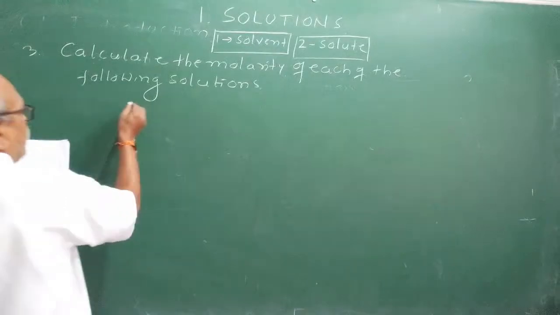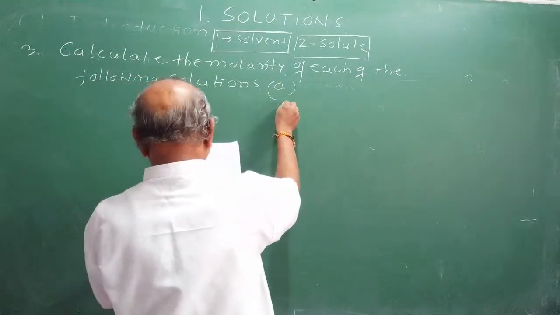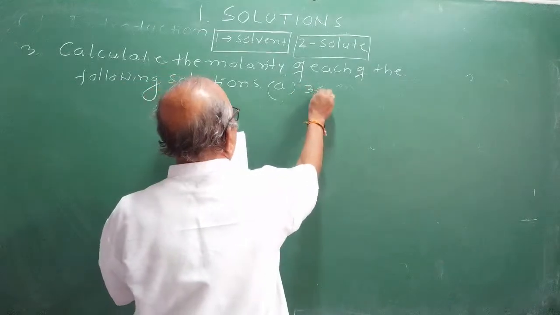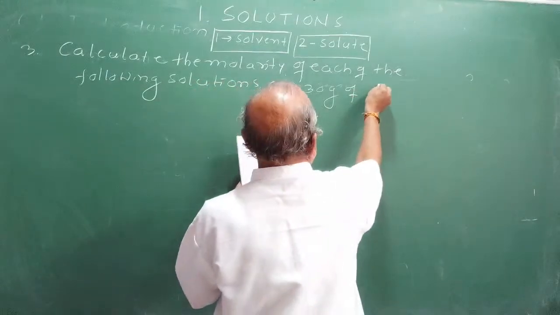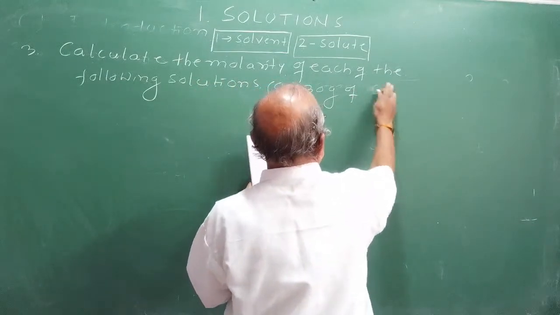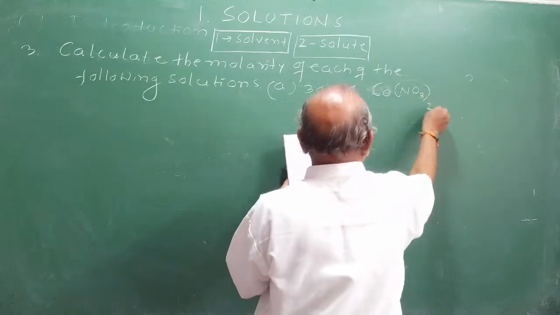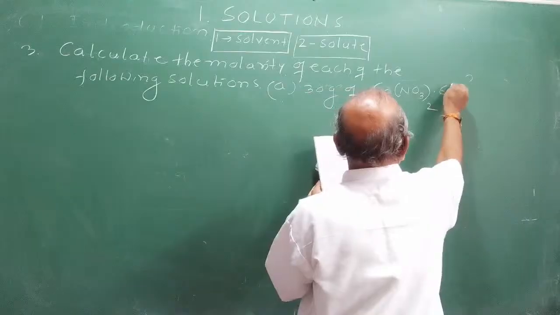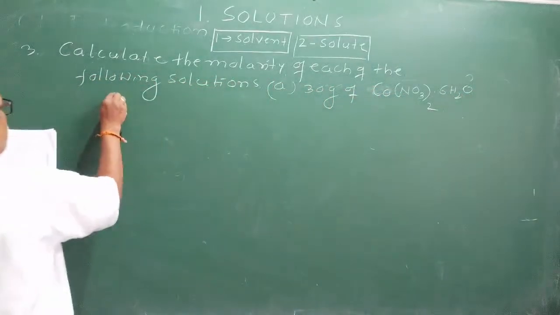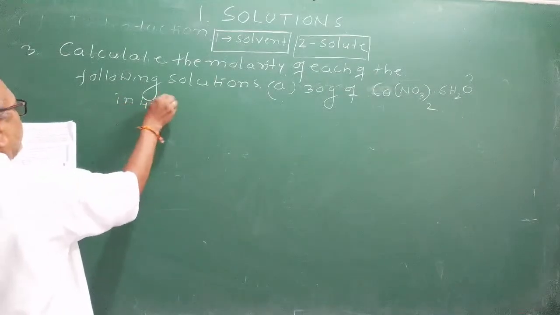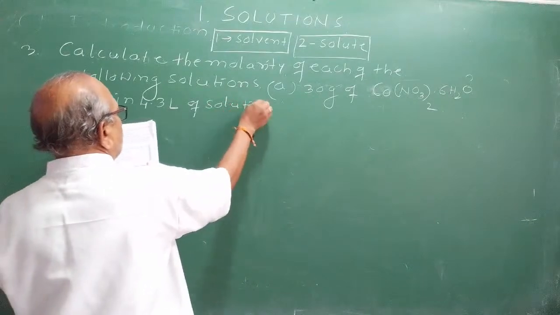In that, A is 30 grams of cobalt nitrate hexahydrate, Co(NO3)2 dot 6H2O, in 4.3 liter of solution.